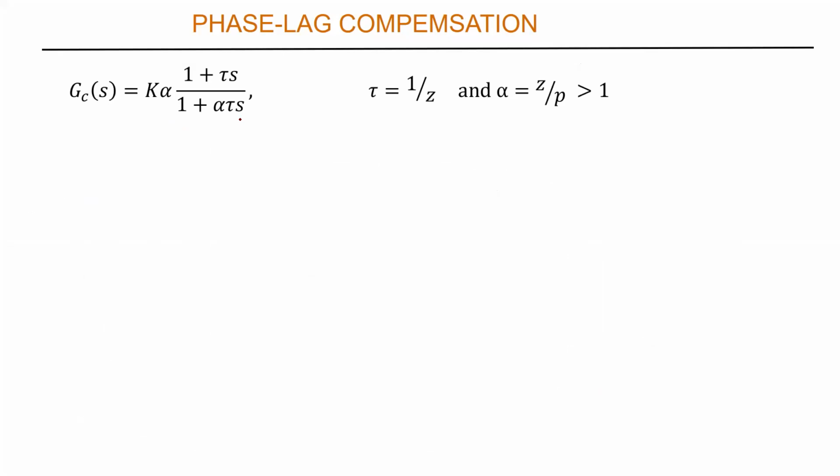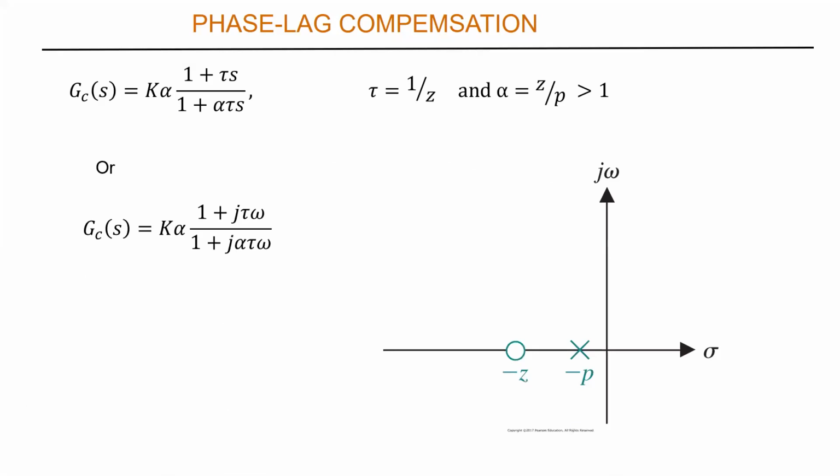Here the location of the pole is going to be nearer to the j omega axis, which means the net phase we are going to put in the system is going to be negative. So we are taking phase from the system.